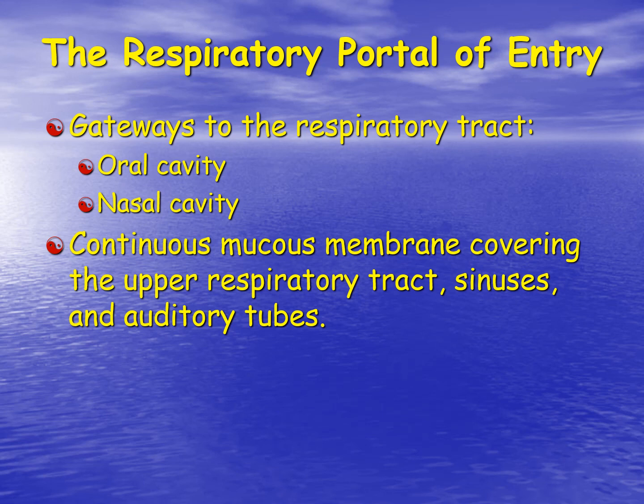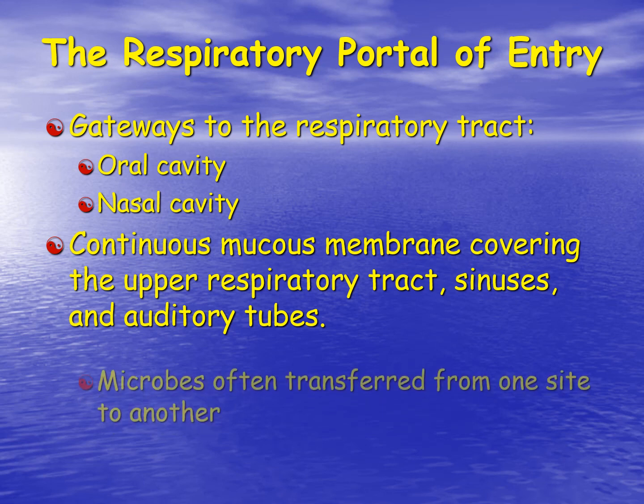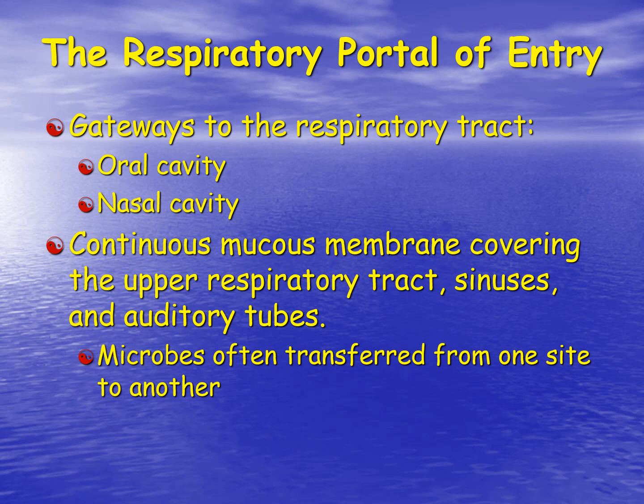Two things. The mucous membranes provide a physical barrier because they're made of stratified squamous epithelium, but they also secrete the mucus that can help trap pathogenic organisms. So microbes often are transferred, though, from one site to another through sometimes this mucus as well.